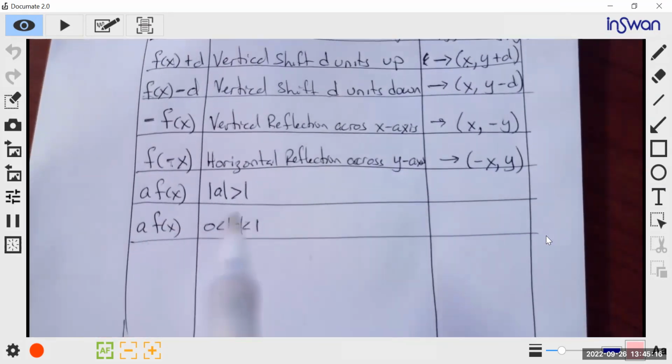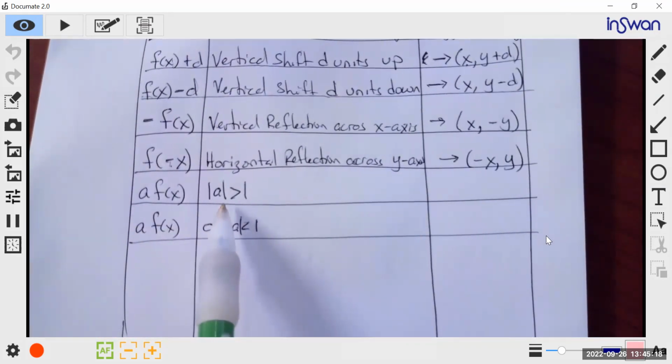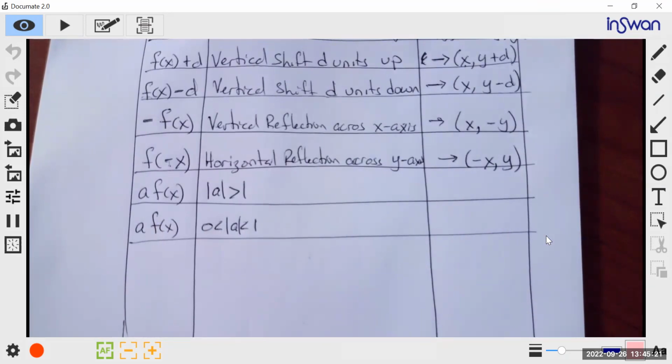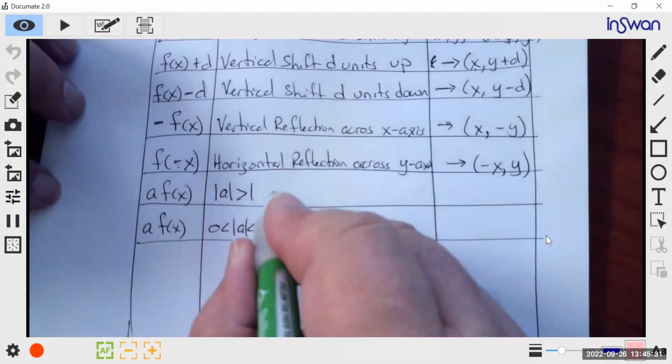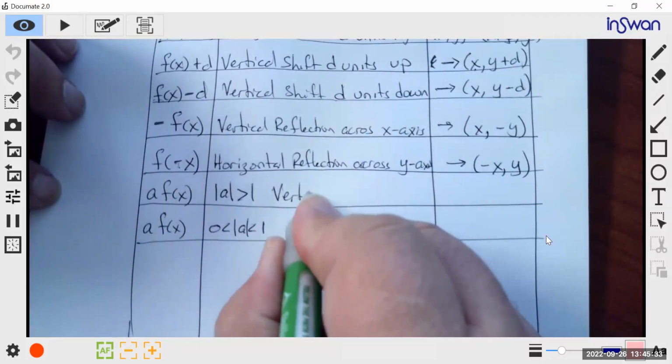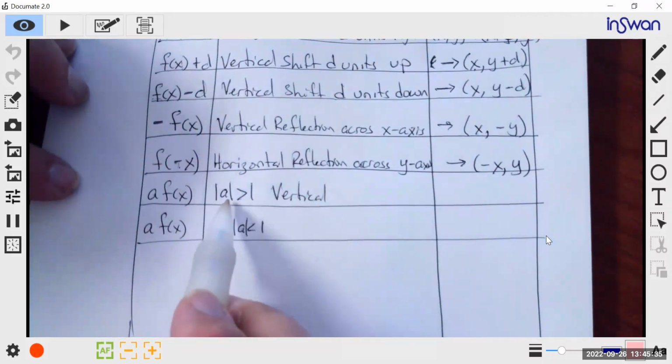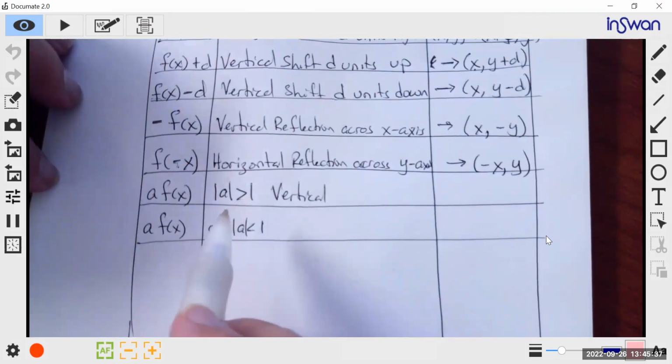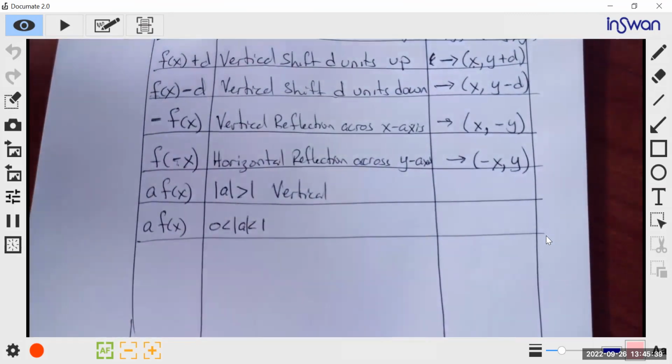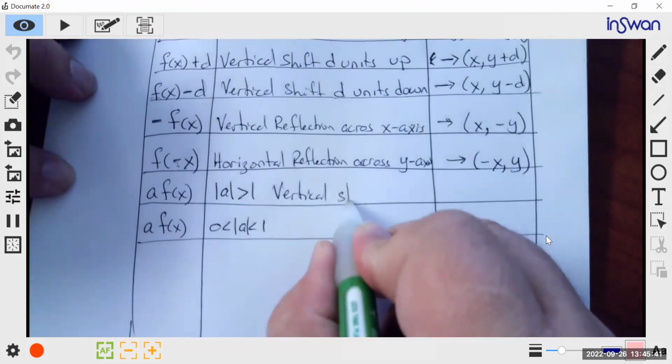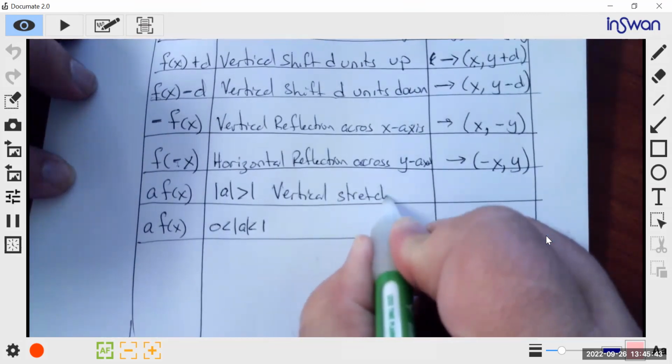If it's bigger than 1, what kind of a shrink or stretch is that? Outside is what, vertical or horizontal? Vertical. So it's vertical. Since it's bigger than 1, it's vertically stretching it. It's a vertical stretch.